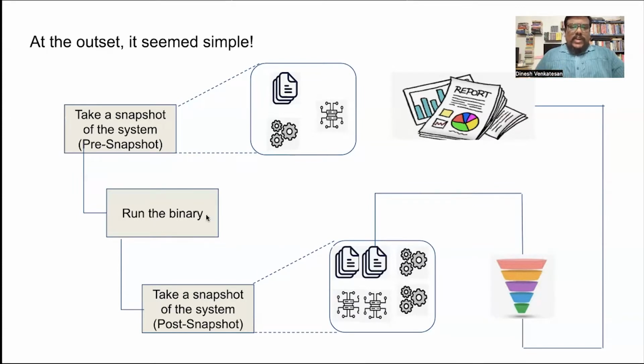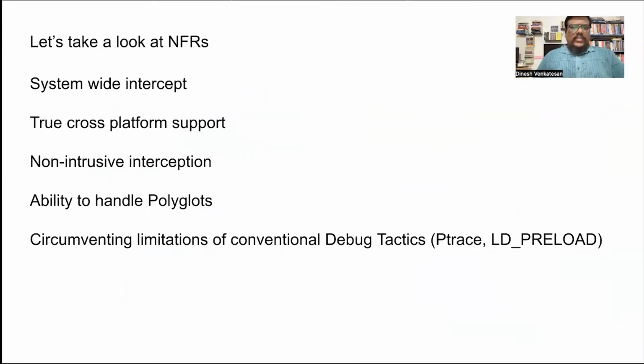And then we will run the binary. Then we will again take a snapshot. We will make it pass through an active noise filter that eliminates all the common events that happen as part of the normal system execution. And in the end, we will get a system report. And this has to happen non-intrusively.